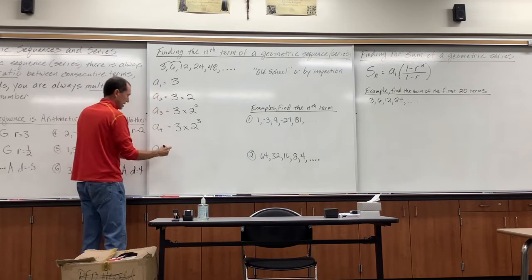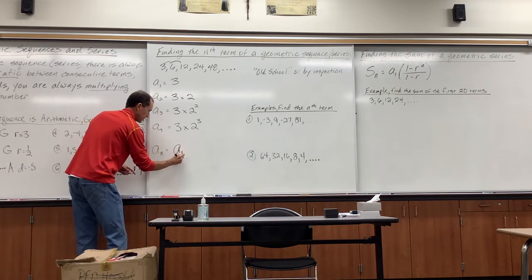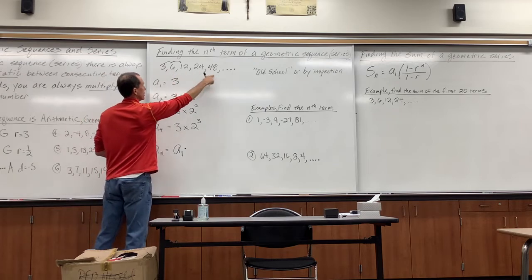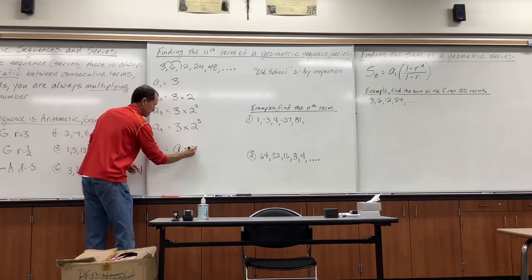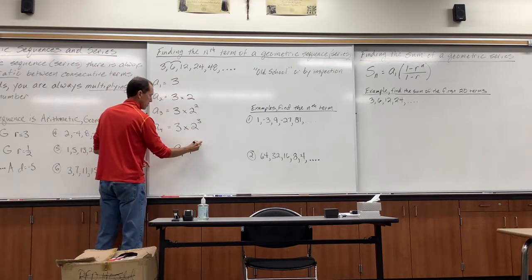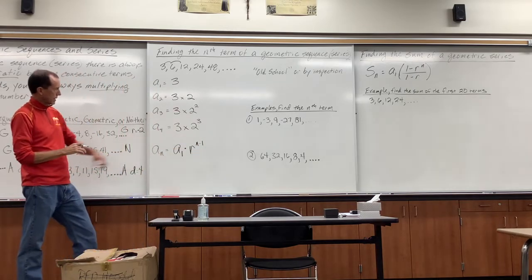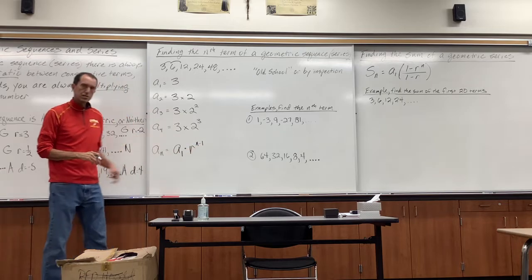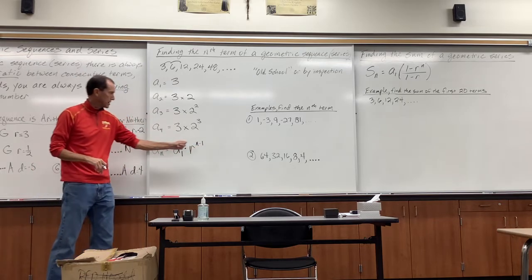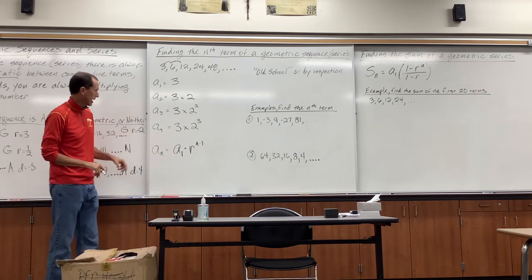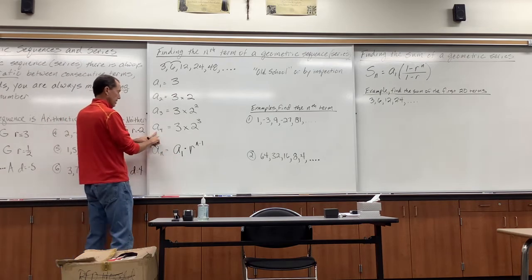If we generalize this, I think we can say it's the first term times the ratio, which was 2 here, right? We were multiplying by 2, and then it's always going to be to the n minus 1 power. Again, like it was n minus 1 differences when we were doing arithmetic, you're going to use n minus 1 ratios to get from the first term to whatever term you're looking at.